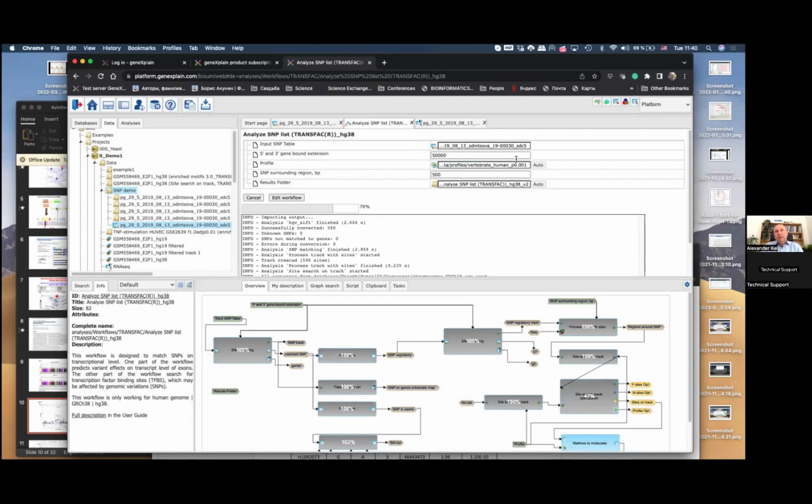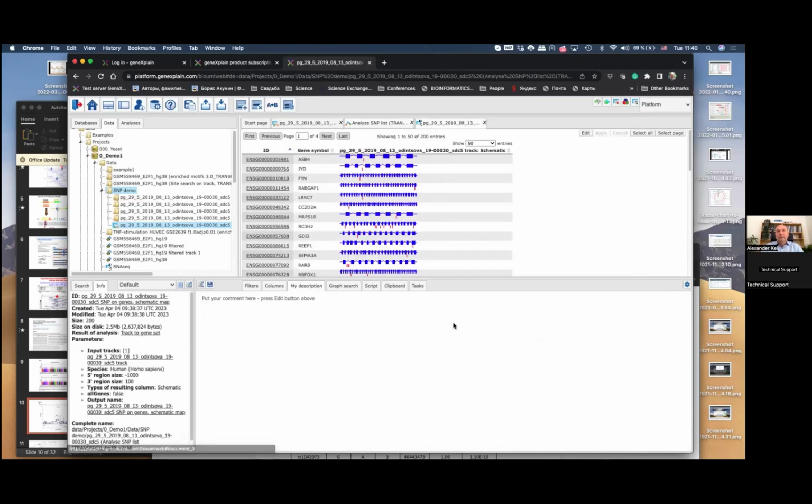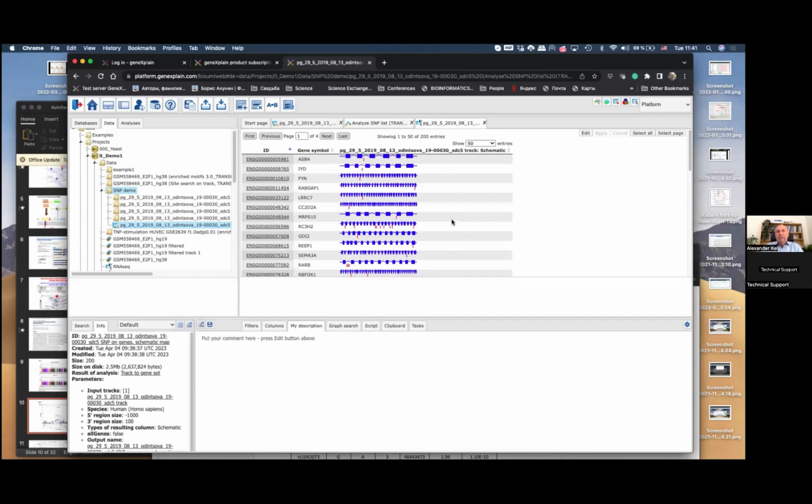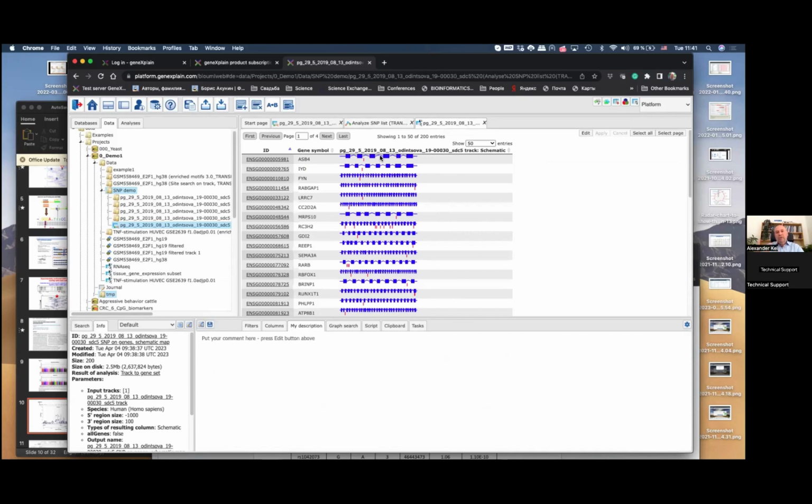But as you see, we have started with a smaller profile, and our pipeline is almost ready. So we can already start looking at some results. For instance, it outputs such a diagram, which simply shows in which genes these SNPs are found. There are genes where you see just one SNP, and there are genes with many SNPs.